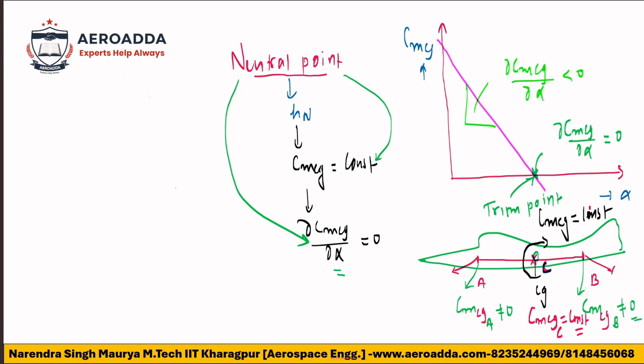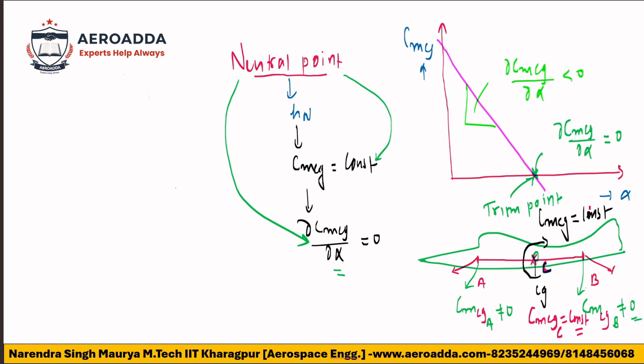You might have seen in some Hollywood movie that passengers move ahead or behind so that the CG can shift to a point where it can achieve the neutral point, so that the aircraft can come to a stable condition. You might have heard, or even if you google or read some books, you will get such examples.